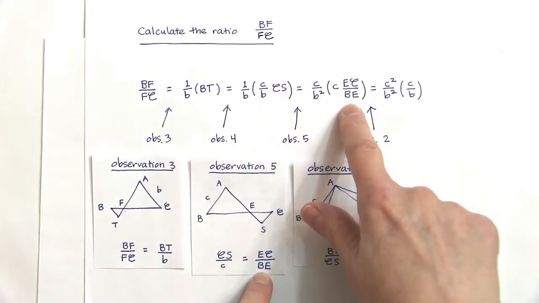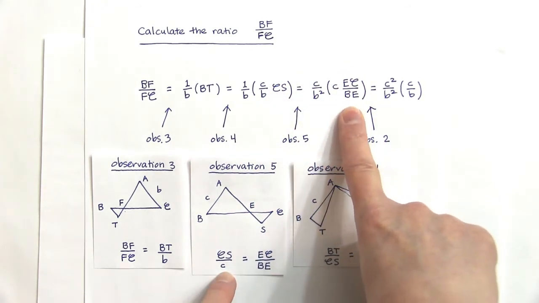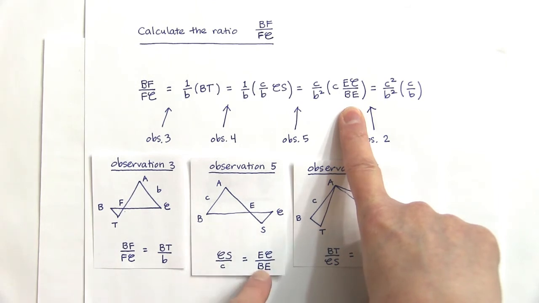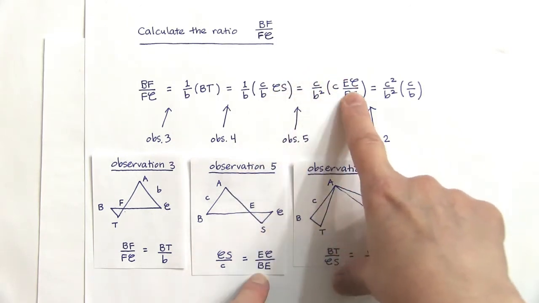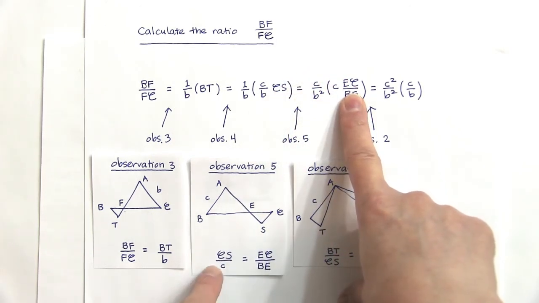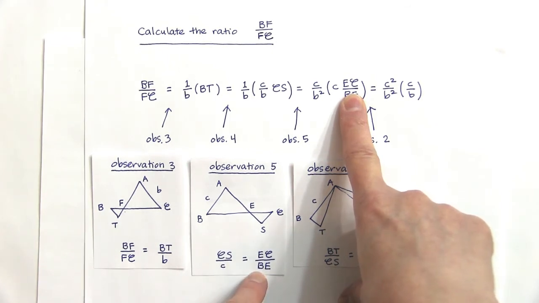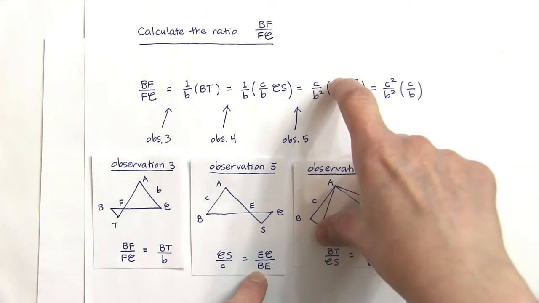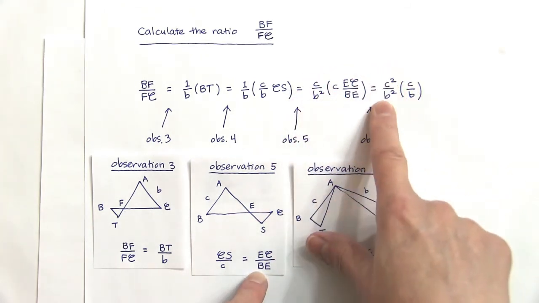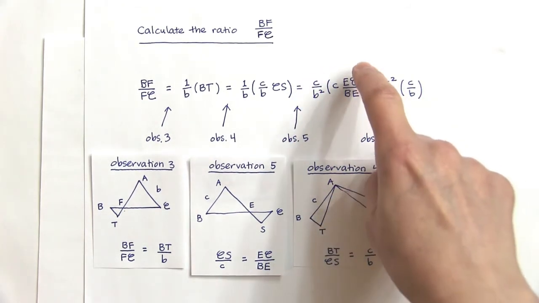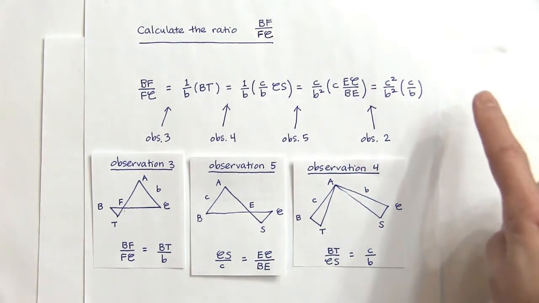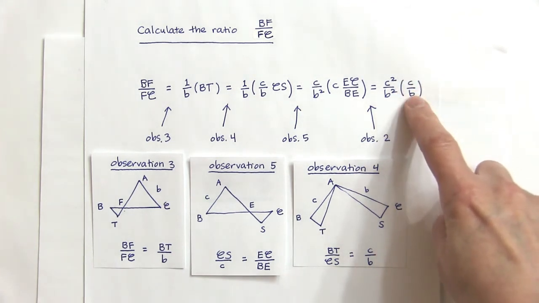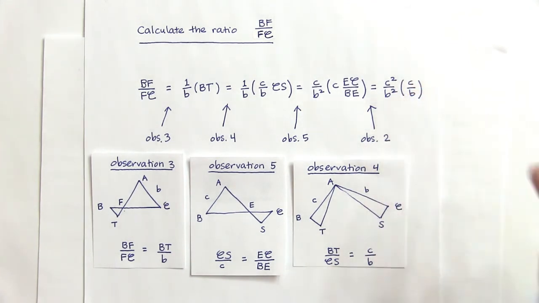CS gets replaced with little c times EC over BE, because we can solve for CS from here by multiplying both sides of this equation by little c. And so now we have c squared over b squared here, but EC over BE can be replaced with C over B by observation number 2.